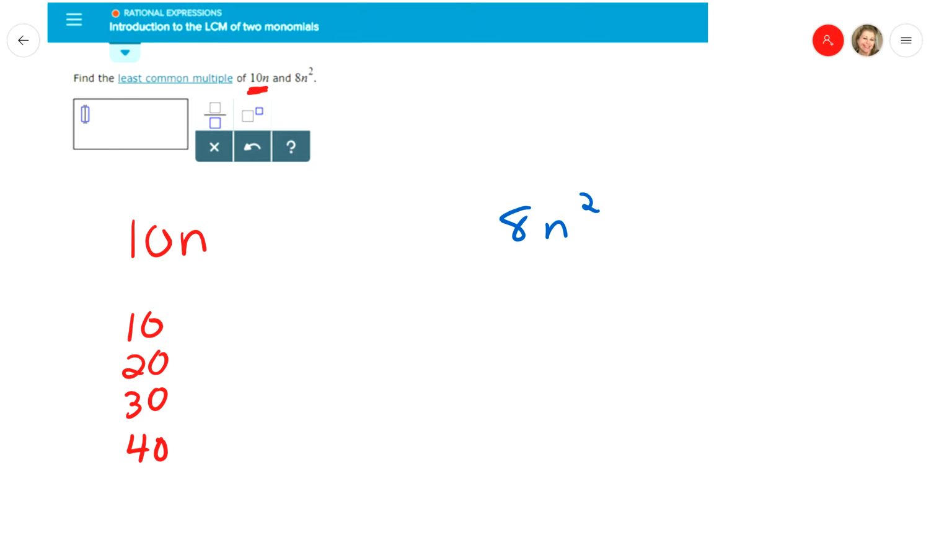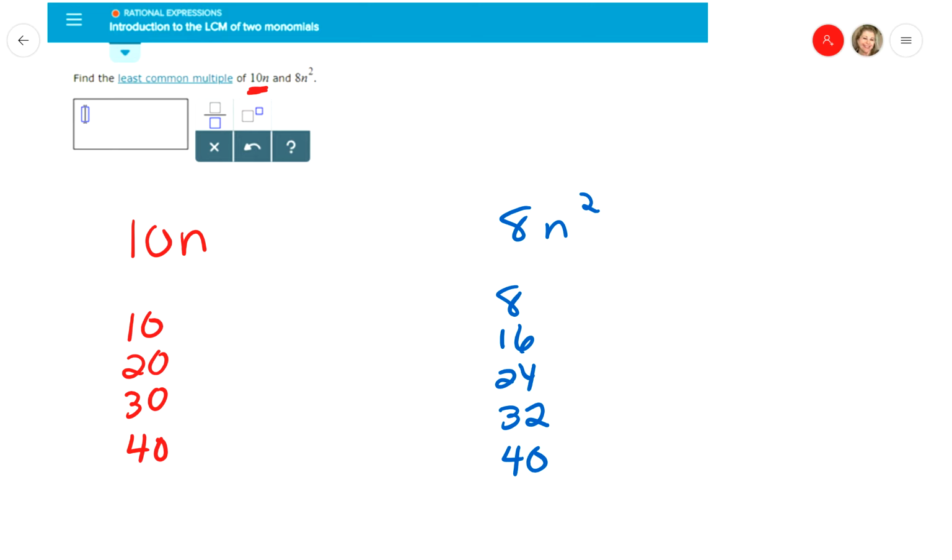Multiples of 8 are 8, 16, 8 times 3 is 24, 8 times 4 is 32, 8 times 5 is 40. Right there, I found it. The least common multiple between those two would be 40.